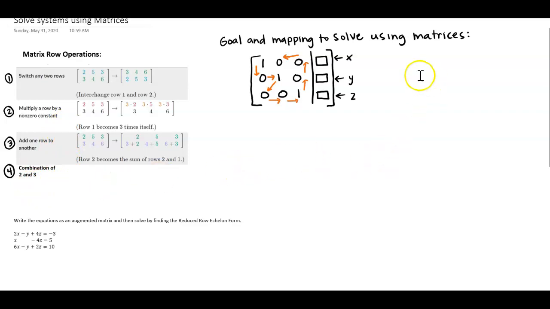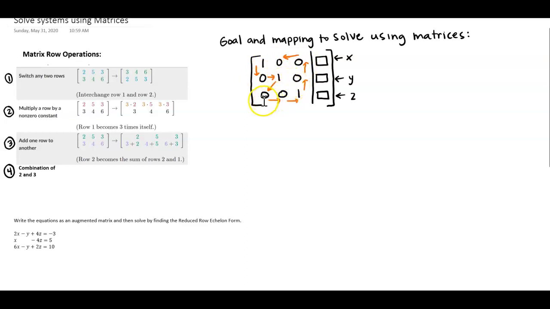Now, when we're trying to solve matrices, we're going to be writing them in this augmented matrix form. And so we're going to take the equations that we have down here, these 3 equations, and we're going to write them in an augmented matrix. And then we want to solve this so that on the left side of the matrix, right, we have a 1, 0, 0 on the top. On the middle row, we get a 0, 1, 0.